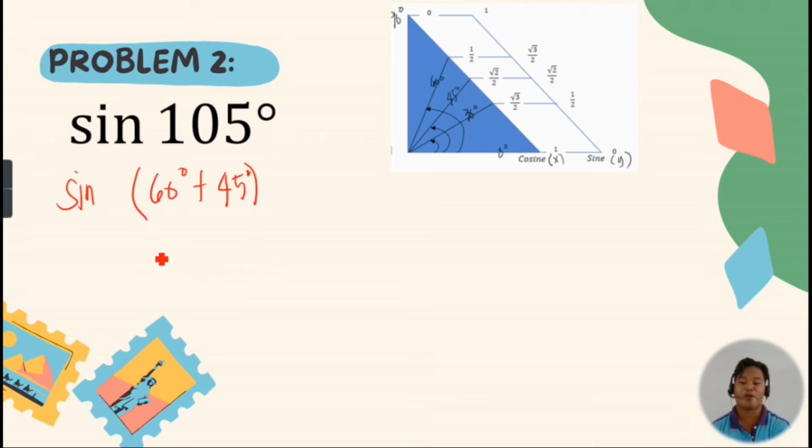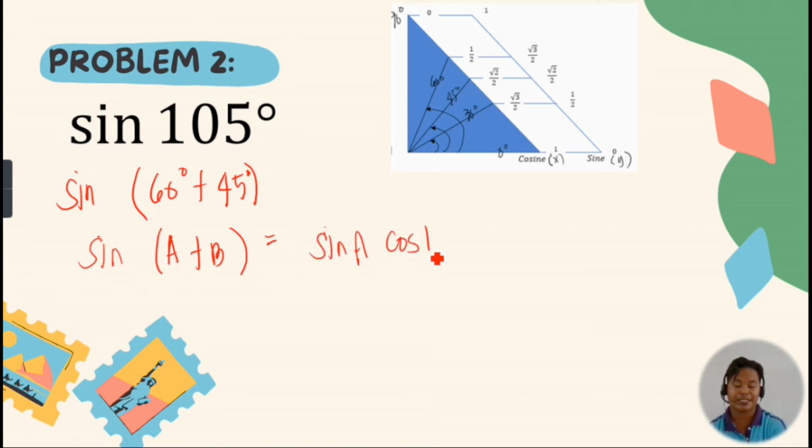So let's use the formula for sine of the addition of two angles. We have sine A plus B is equal to sine A cosine B plus cosine A sine B. Are you ready?